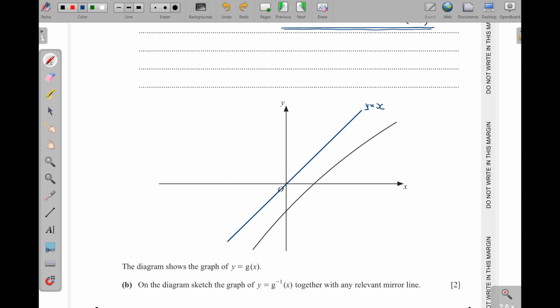Actually, it is better you make it dotted. The mirror lines, we always show them with dotted lines. Now we just reflect this one here, something like that.